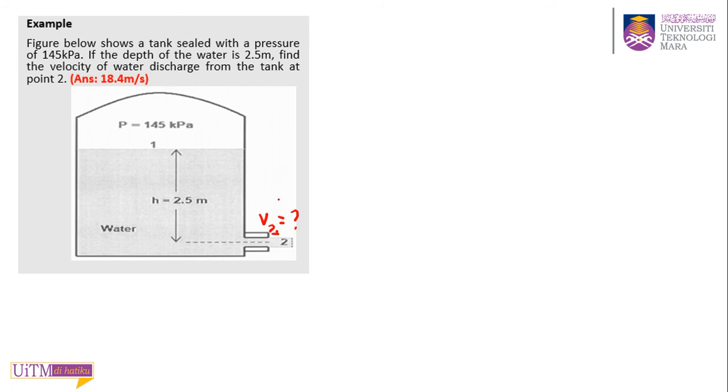Again, this is an orifice. If you look at the note, this is an application of orifice. So first step, your continuity equation, A1 V1 equals A2 V2, and V1 equals A2 V2 over A1.